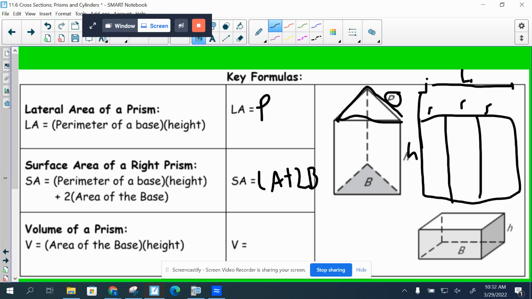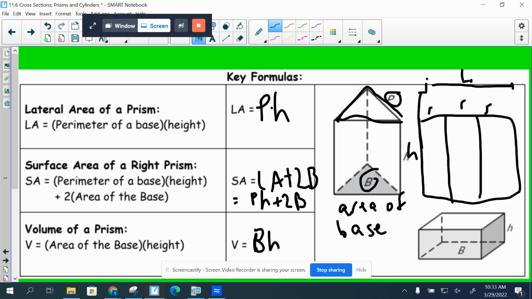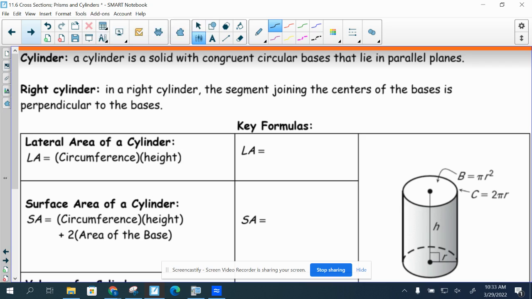Surface area is perimeter of the base times the height plus 2B, where capital B stands for area of the base. And then volume of a prism, we just take the area of the base and multiply it by the height. Probably familiar with that formula.